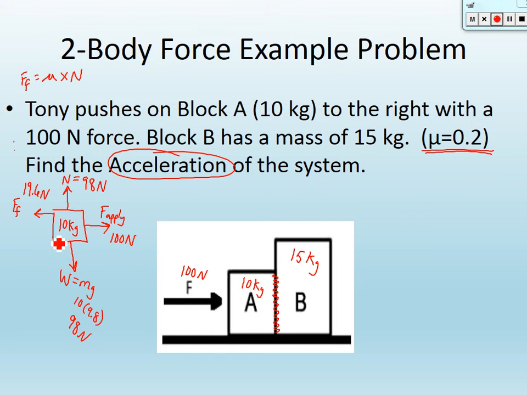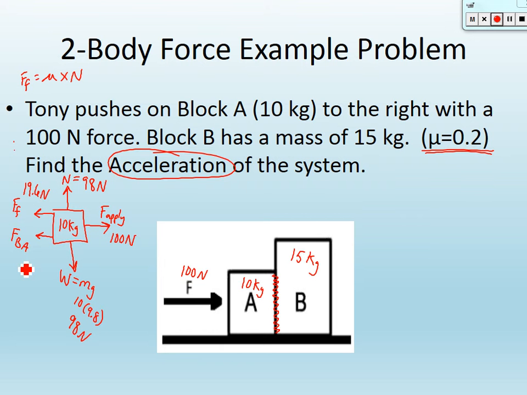Yeah, and I'm going to call that, and this is new, guys, so please watch, the force that B puts on A. So F_BA, the force that block B pushes on block A. Does that make sense? Force that block B puts on block A. Now, can I find its magnitude? I can, but not right now. So we're just going to leave it as the force that B puts on A.